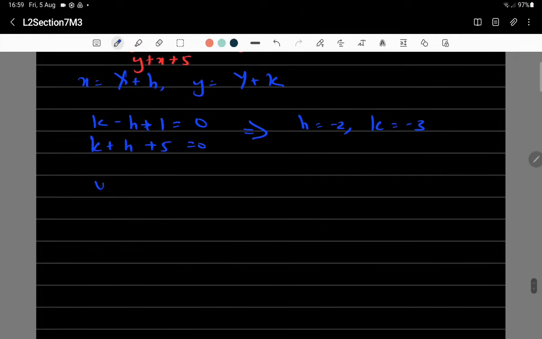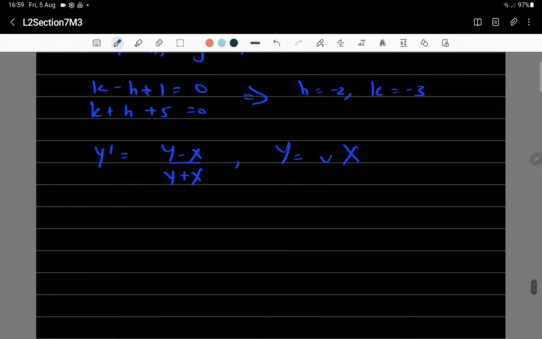Moving further, this reduces the given differential equation to y dash is equal to (y minus x) divided by (y plus x), and substituting y is equal to vx gives the given differential equation as x v dash is equal to (minus 1 plus v square) by (v plus 1).